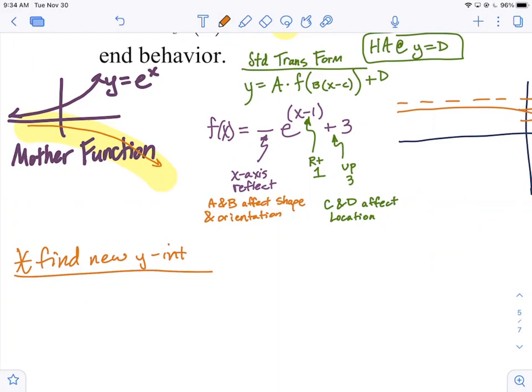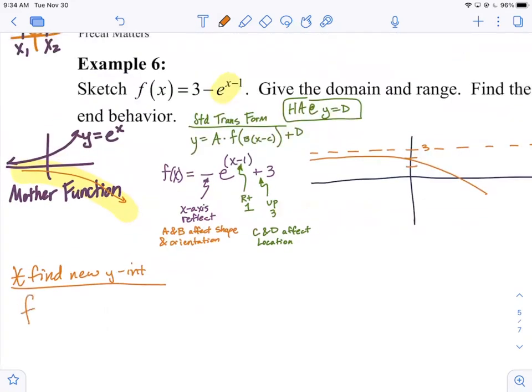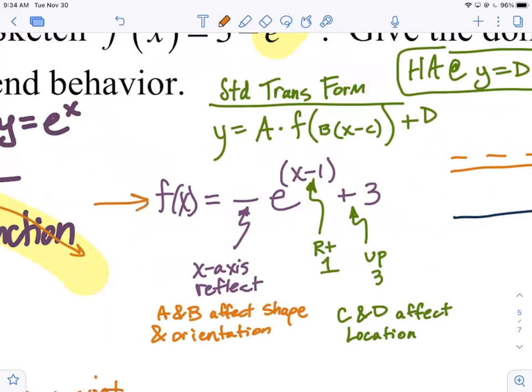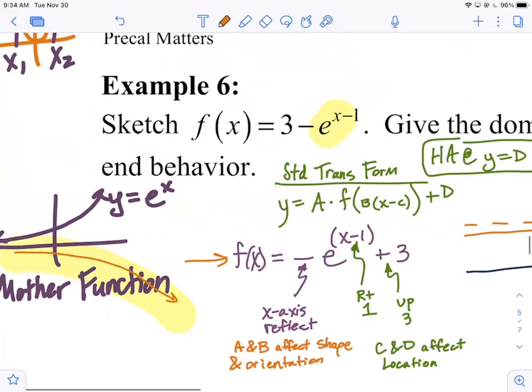You need to know where the new horizontal asymptote is, and you need to know whether it's increasing or decreasing above or below. But don't worry about following the old y-intercept. So here we go. When I plug it in, I am going to write f of 0. I can plug it either into the standard transformation version, or I can plug it into the original version, right? They are equivalent.